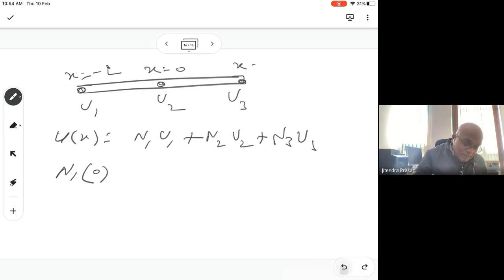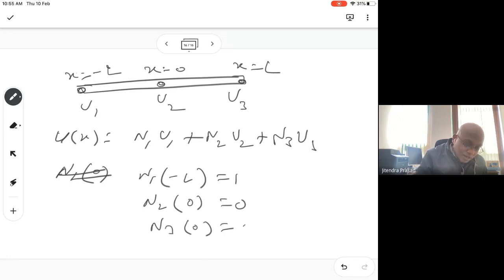So that really means N1 at minus L has to equal 1, N1 at 0 and N1 at L are equal to 0. N1 has to be 1 here and it has to be 0 other places. Why? Because N1 is multiplied by U1, so N1 has to be 1 here so that U becomes U1.